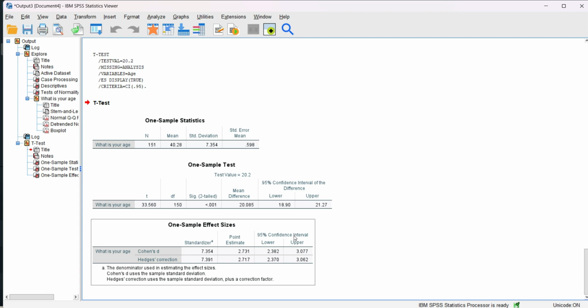We can also look at the effect sizes. Cohen's d point estimate is 2.7371, which means the effect size is 2.73 times greater than the standard deviation, which is a large effect size, and that we can report in the study.